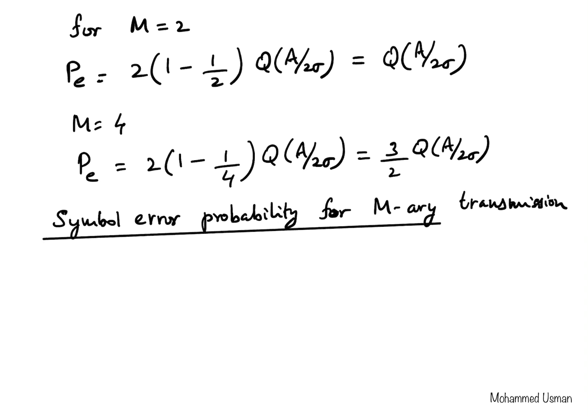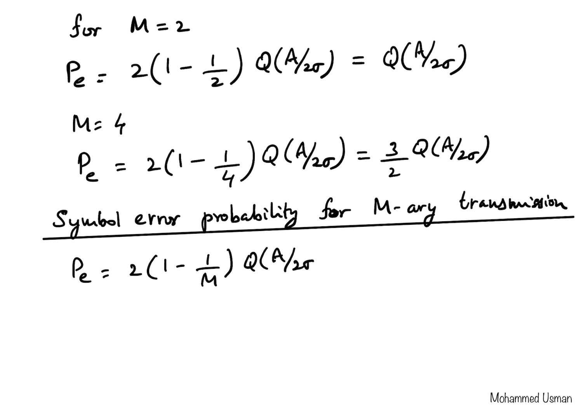So that will be PE is 2 into (1 minus 1 by M) Q of A by 2 sigma. Okay, so that's our general expression for symbol error probability, with which we can find the error probability for any value of M. But notice here, this is the symbol error probability, not the bit error probability.